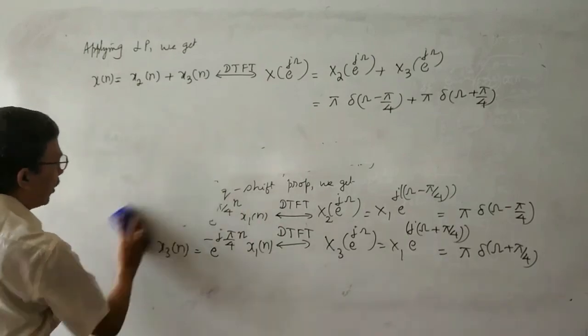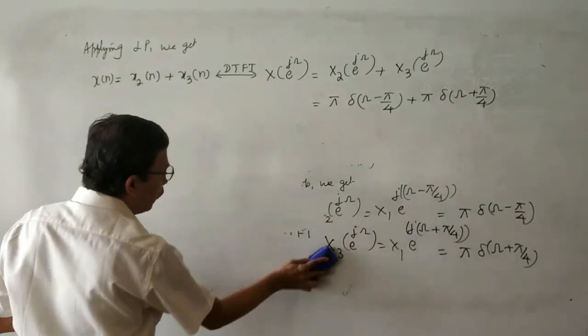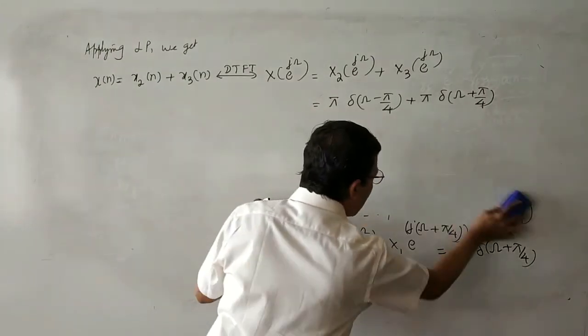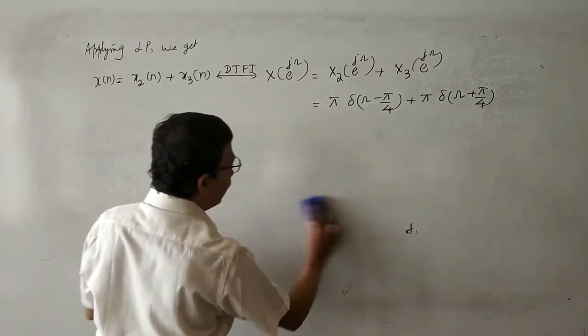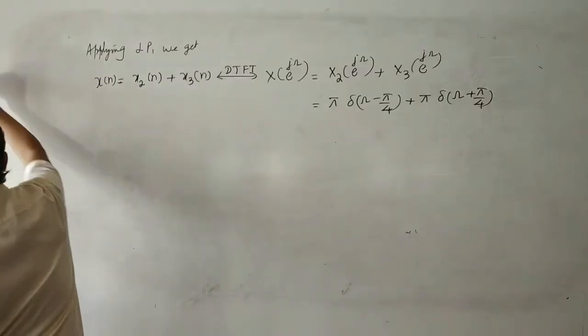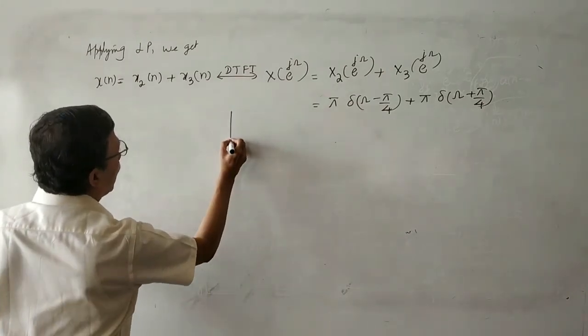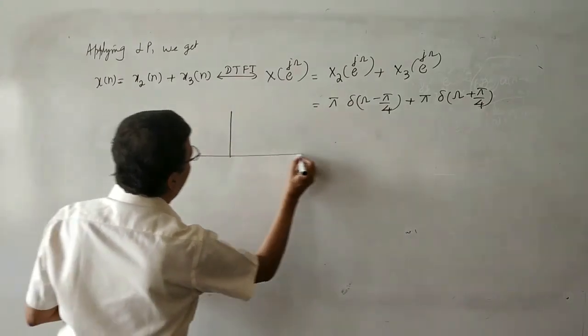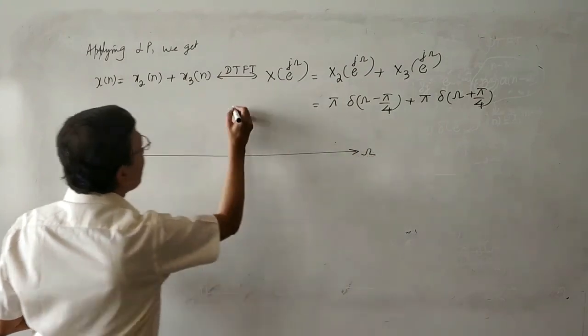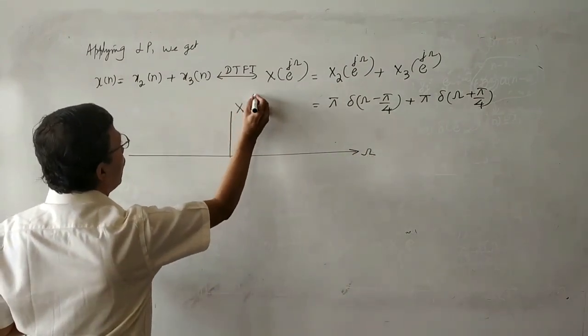First I will sketch the complex spectrum. Then from the complex spectrum we shall extract the amplitude spectrum and phase spectrum. X-axis is omega, y-axis is x of e power j omega.